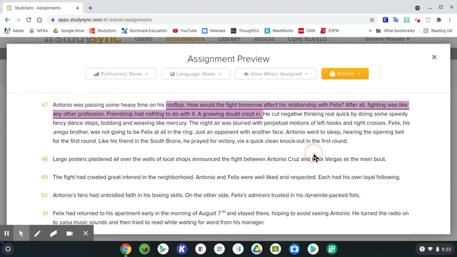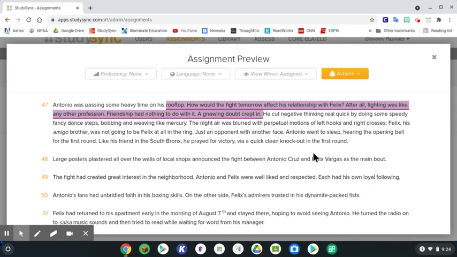Antonio was passing some heavy time on his rooftop. How would the fight tomorrow affect his relationship with Felix? After all, fighting was like any other profession. Friendship has nothing to do with it. A gnawing doubt crept in. He cut negative thinking real quick by doing some speedy, fancy dance steps, bobbing and weaving like Mercury.